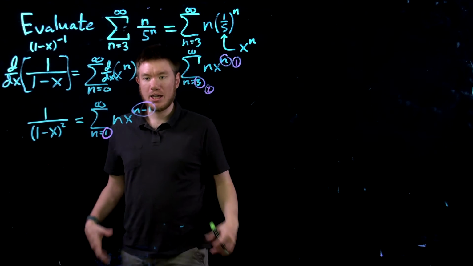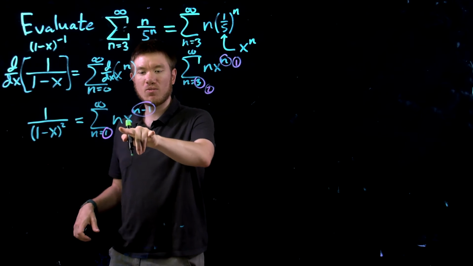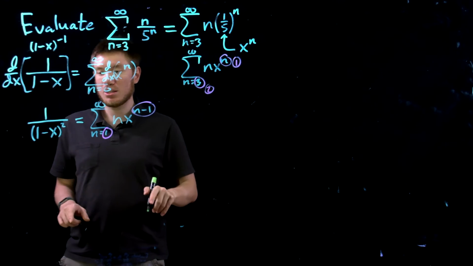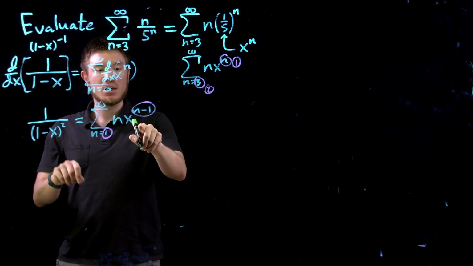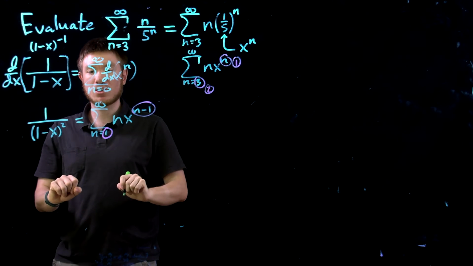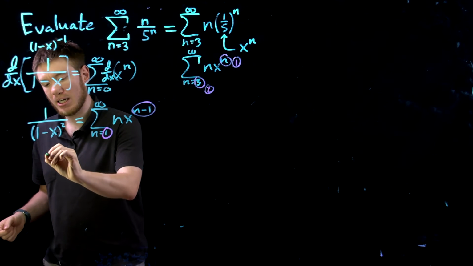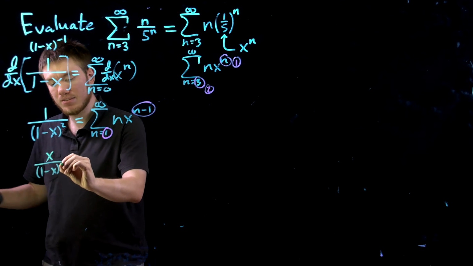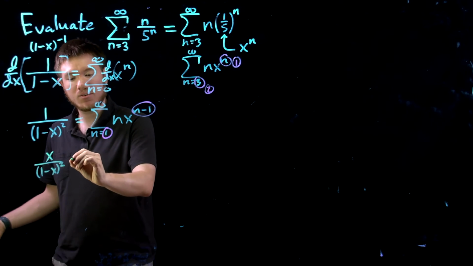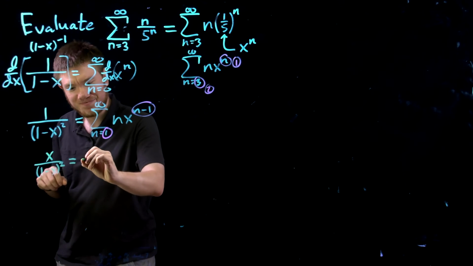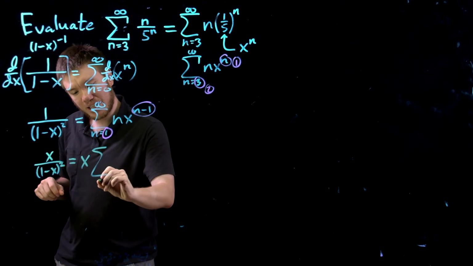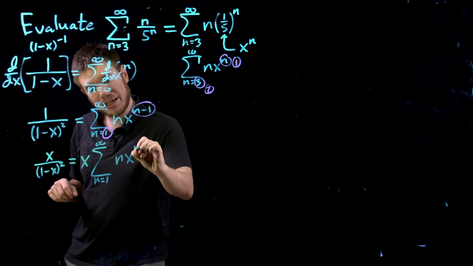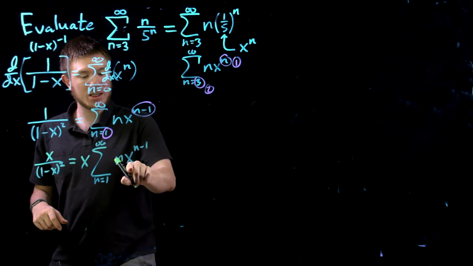The logic behind this is that we want our template to match what we desire. Fortunately for us, we can multiply both sides of our equation here by x. We're allowed to multiply both sides by a constant with respect to n, and x is a constant with respect to n. So we get this sum here, starting at 1 going to infinity, of n x to the n minus 1, and we're going to bring this x inside of our sum.